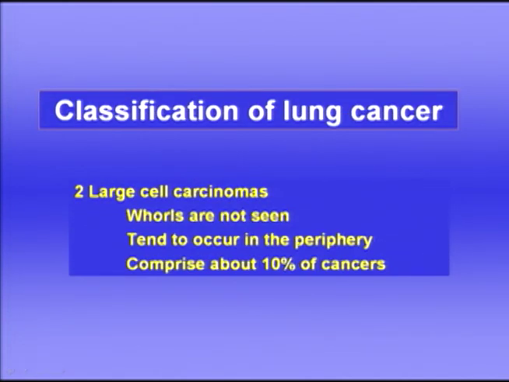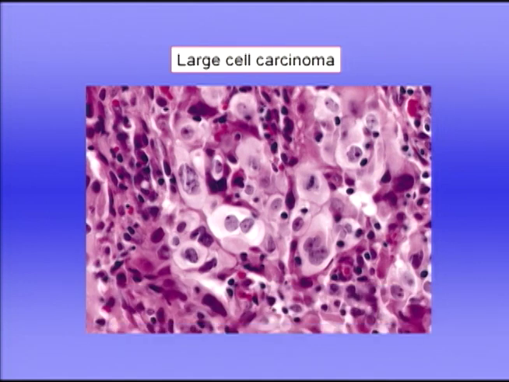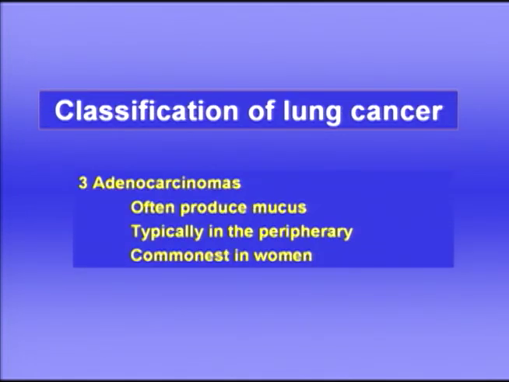The next category of the non-small cell carcinomas is large cell carcinomas. You don't see the whorls, and they are not uncommon, tend to occur in the periphery. And here's a nice slide of a large cell carcinoma. And then finally, in the non-small cell carcinomas, we have the adenocarcinomas, which often produce mucus.